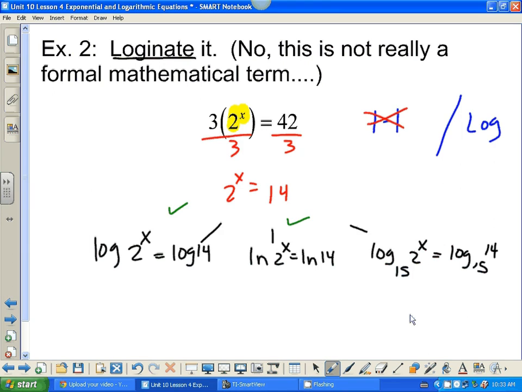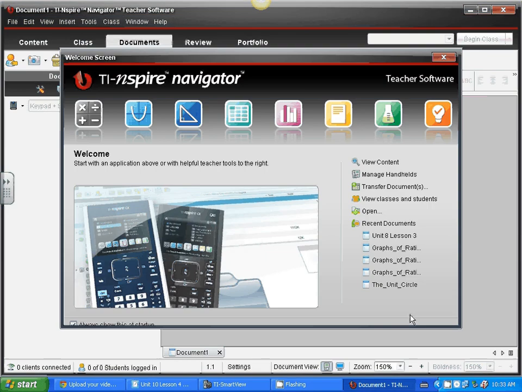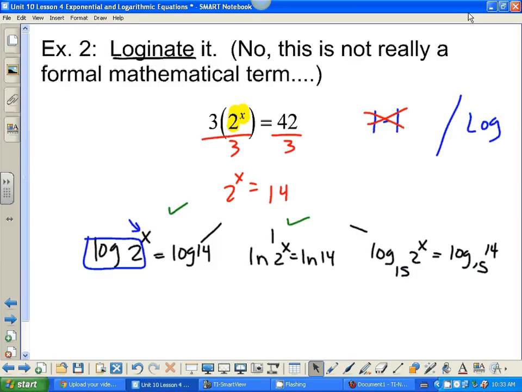So now I'm going to use my properties of exponents, I have a power to a power, or my properties of logs. So I can rewrite this as the product x log 2 equals log 14. And then in order to get x by itself, I would divide by common log of 2.